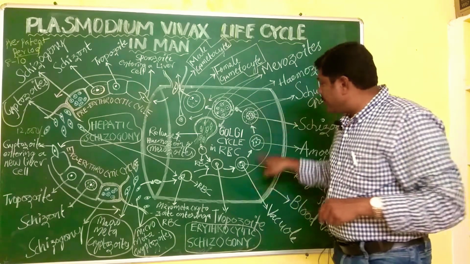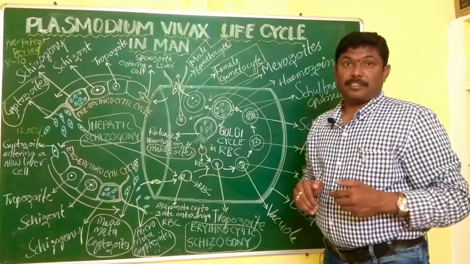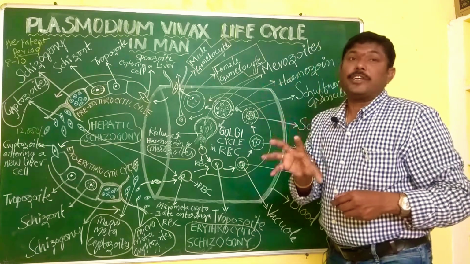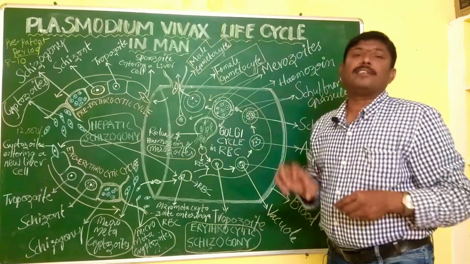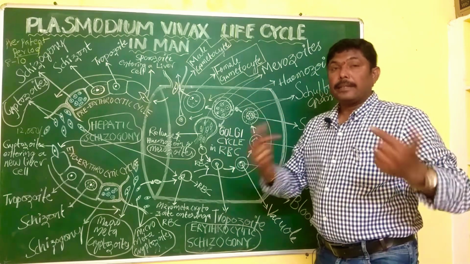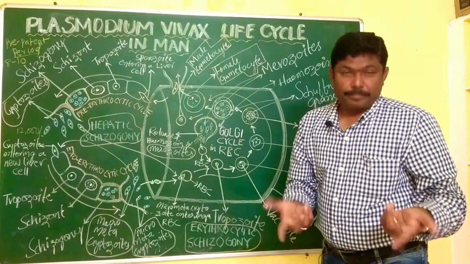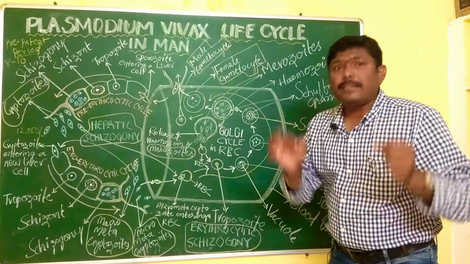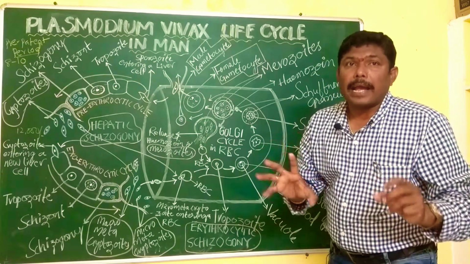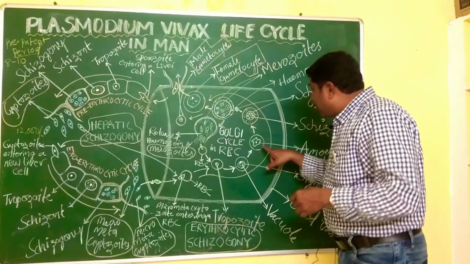The RBC may become double the original size. That property is called as hypertrophy. That means increasing the size of the cell. Increasing the size of the cell is called as hypertrophy.